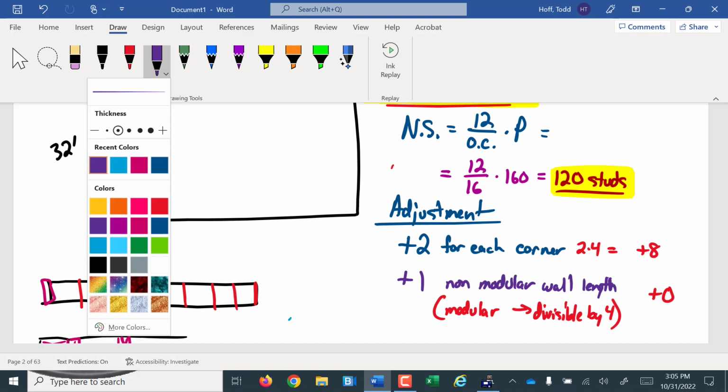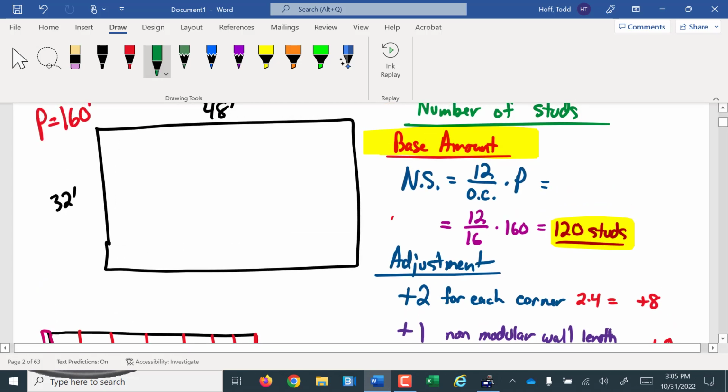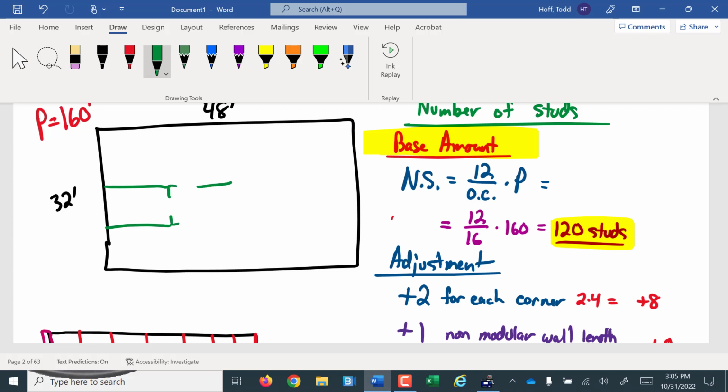Now the rest of this is going to require me to do a little bit more drawing. So I'm just going to do a simple little plan here. Yeah, we'll leave the rest of it open.